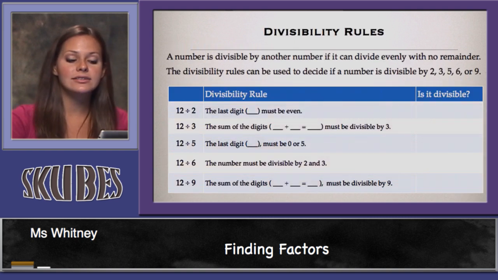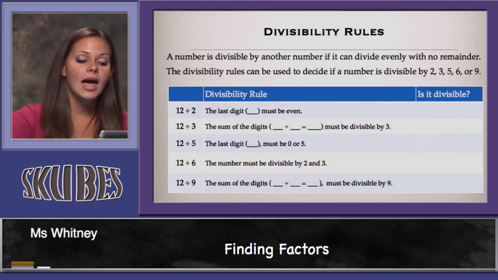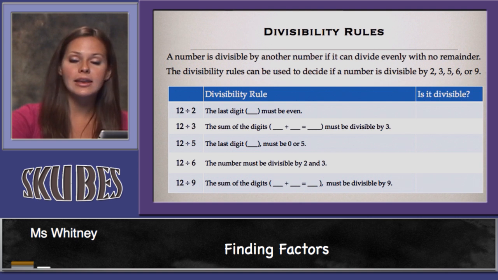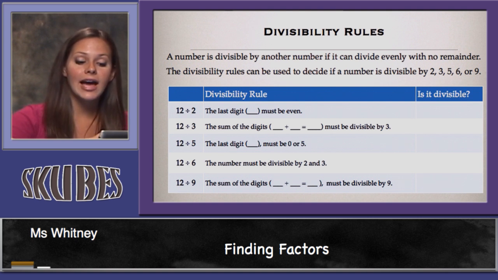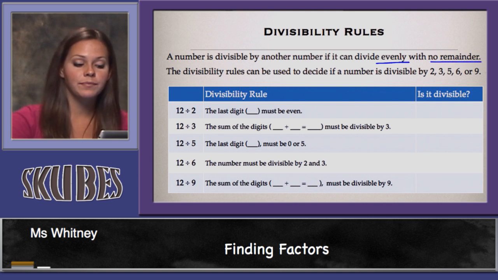Now let's take a look at divisibility rules. A number is divisible by another number if it can divide evenly with no remainder. The divisibility rules can be used to decide if a number is divisible by 2, 3, 5, 6, or 9.